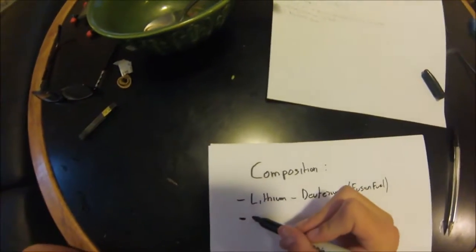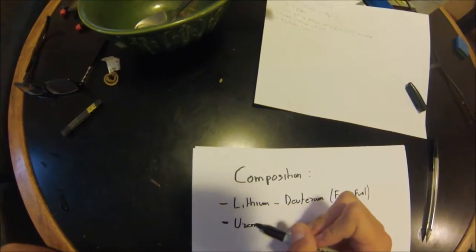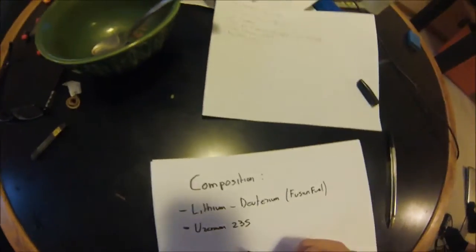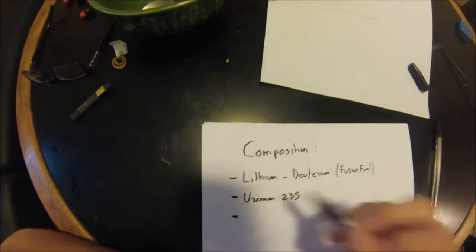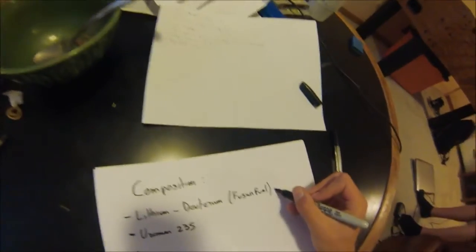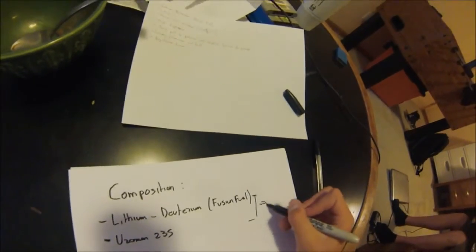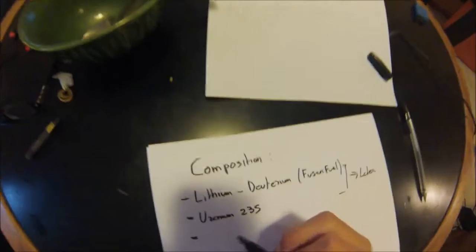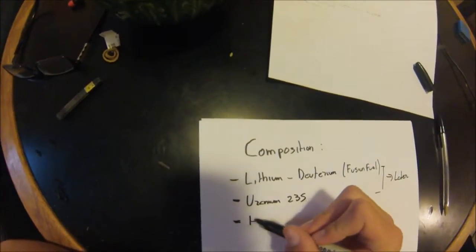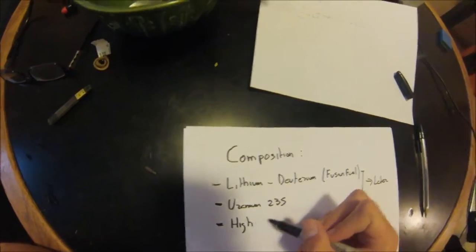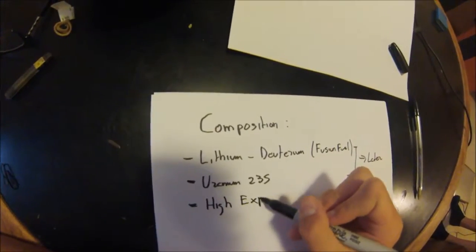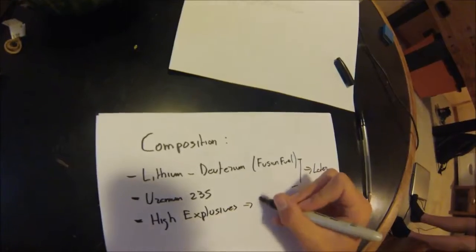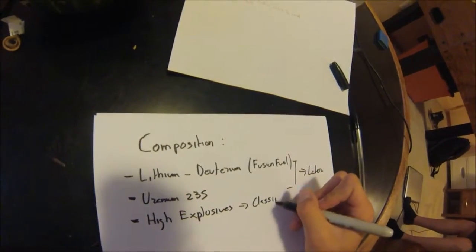Then the second component is uranium 235. We are going to talk about these two later. Then the next component is high explosives, and those are classified.